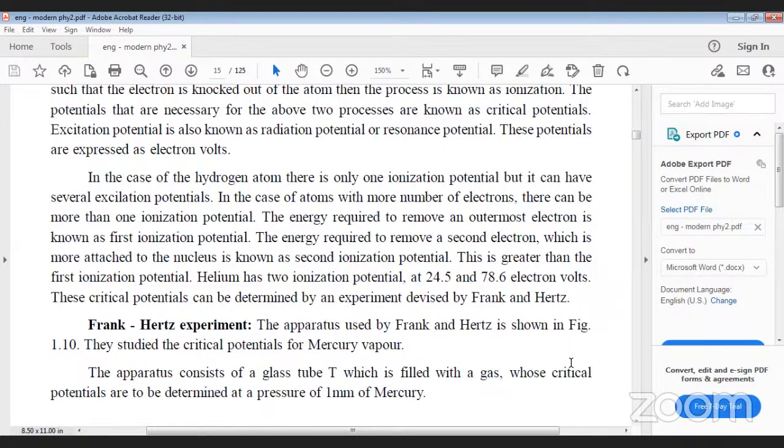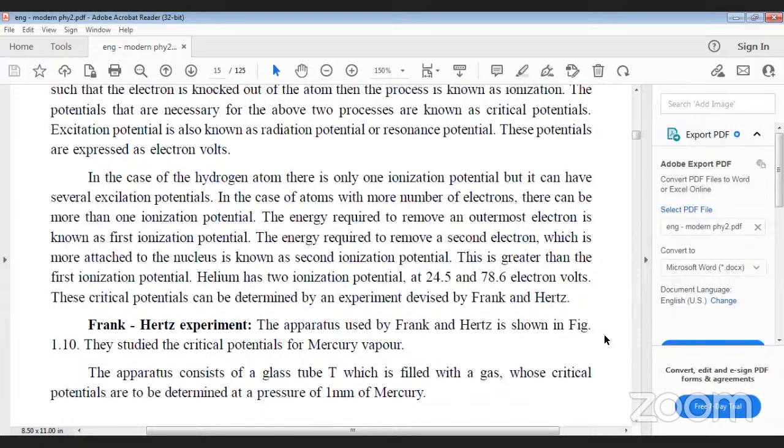In the case of the hydrogen atom, only one ionization potential exists, though it can have several excitation potentials. If an atom has more than one electron, there can be more than one ionization process.